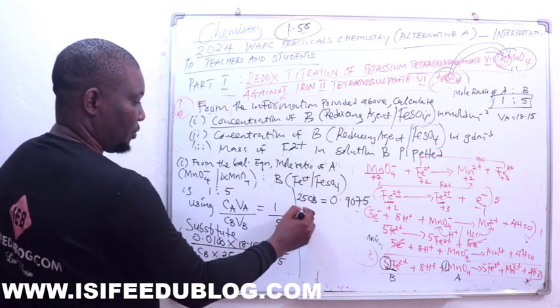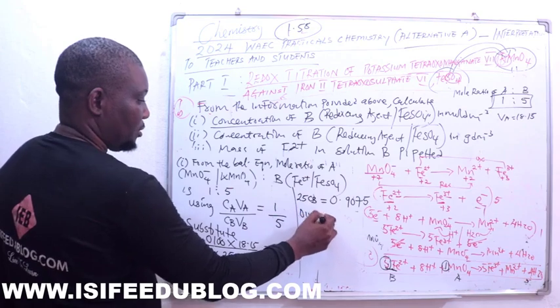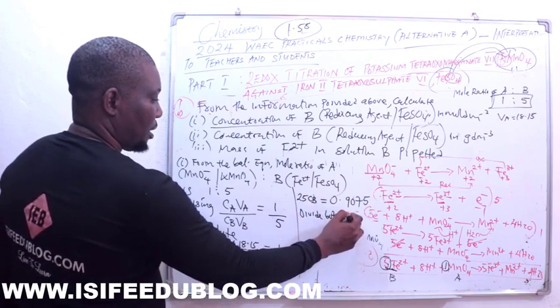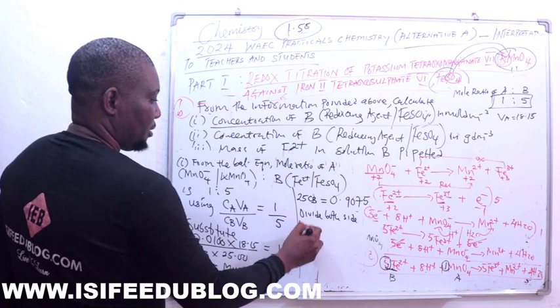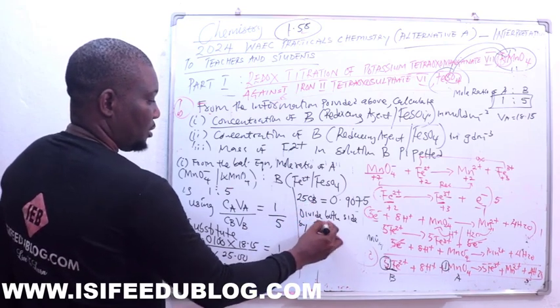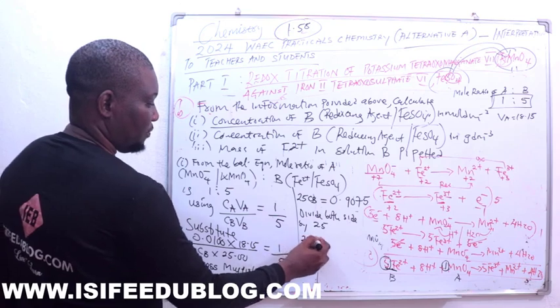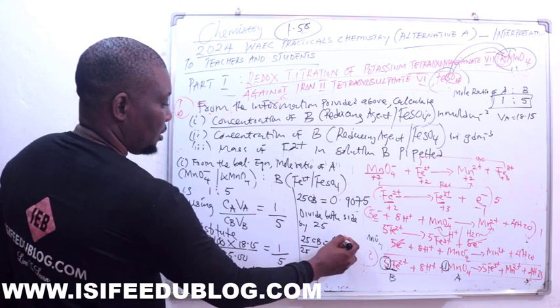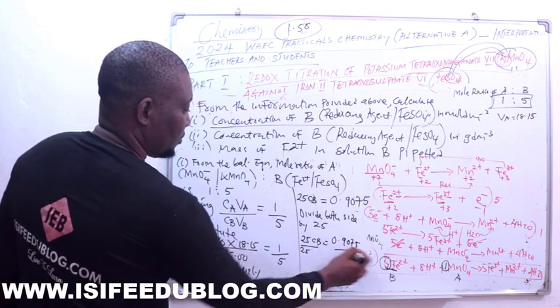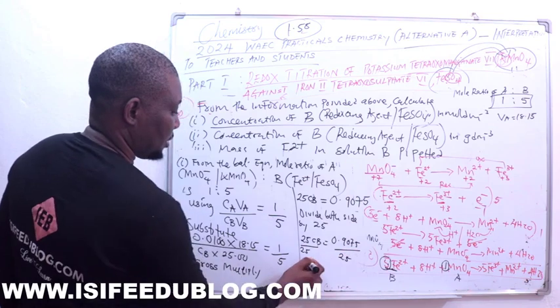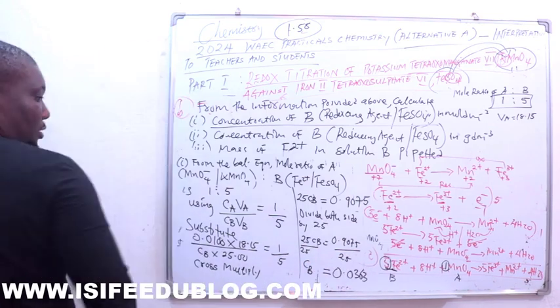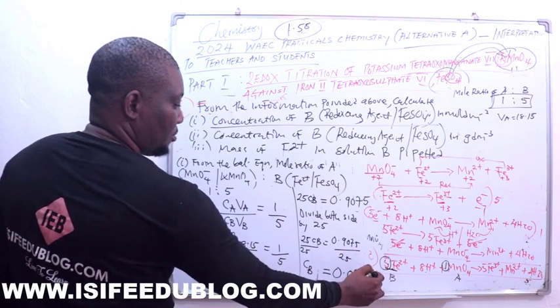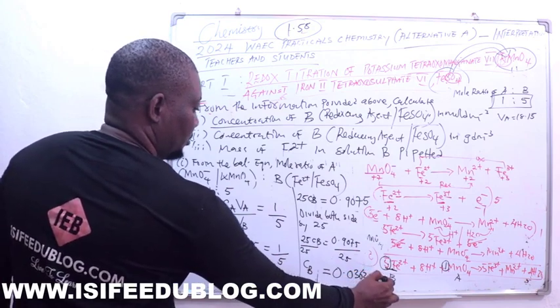At this point, we divide both sides by the coefficient of CB, which is 25. So 25 CB divided by 25 equals 0.9075 divided by 25. So that's our CB, which is 0.0363 mole per dm cubed.